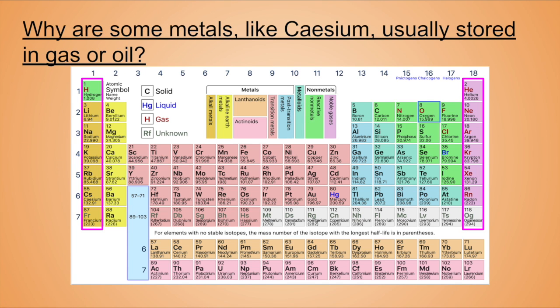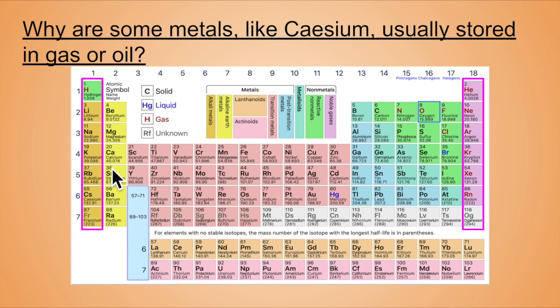And last but not least, why are some metals like cesium usually stored in gas or oil? Well, they kind of mentioned it in the last video. Remember, sodium was stored in oil so it didn't react with the air.